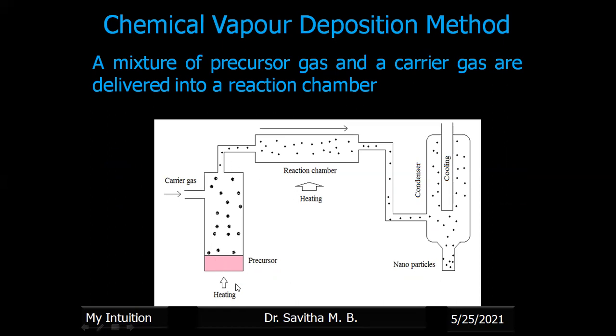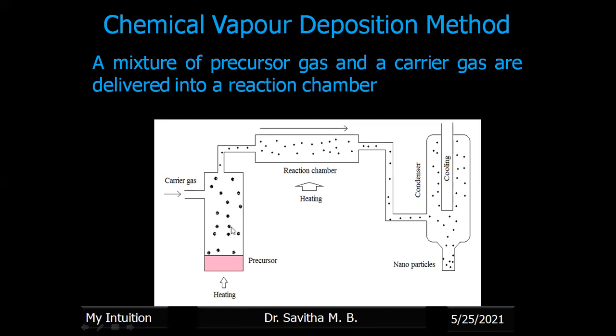So you take the precursor solution. If you want to make a mixture of nanoparticles, you take a mixture precursor solution, and then it is heated to such an extent that it gets converted into the gaseous state. The condition is that before it goes to the reaction chamber, the precursor should be in the gaseous state.